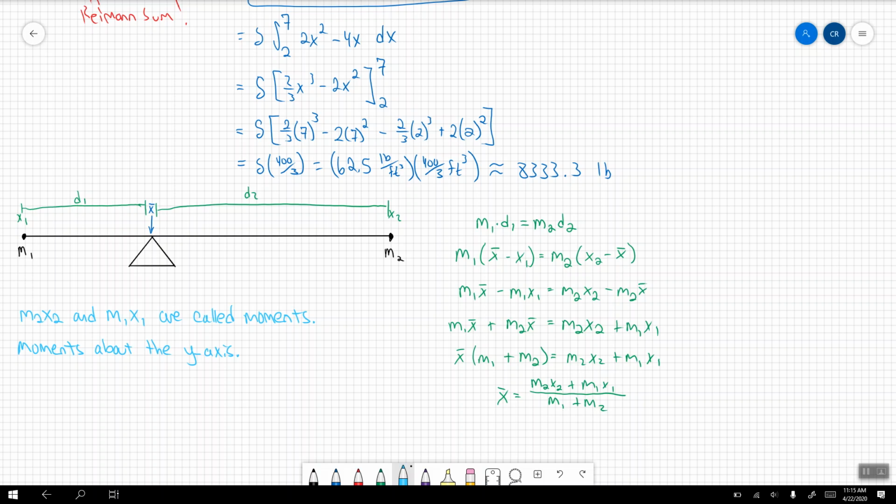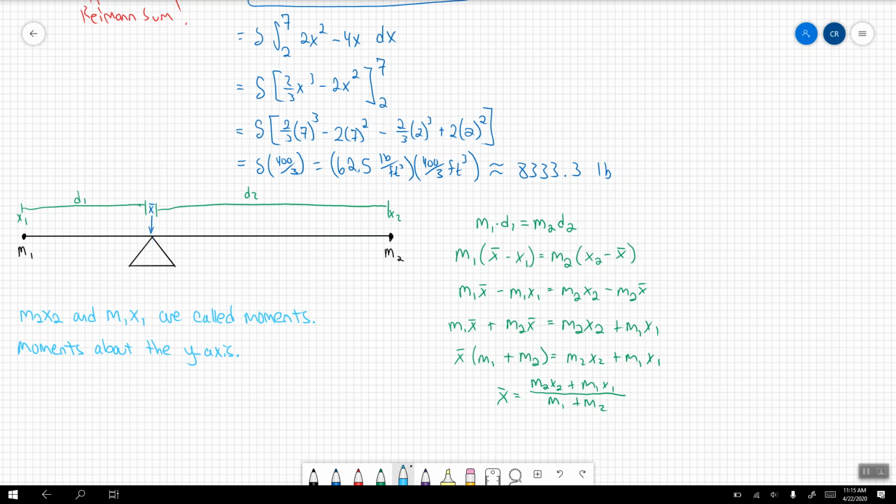Now, why is it called about the y-axis? Well, I want you to follow me along here. What if I center my vertical line here to just be the y-axis? Would I then be able to calculate how far these distances are, in other words, x1 and x2, based upon the y-axis? The answer is yes, I will be able to figure out what is that distance based on the y-axis. That's why these are called moments about the y-axis. All right, so we just got to keep that in mind.